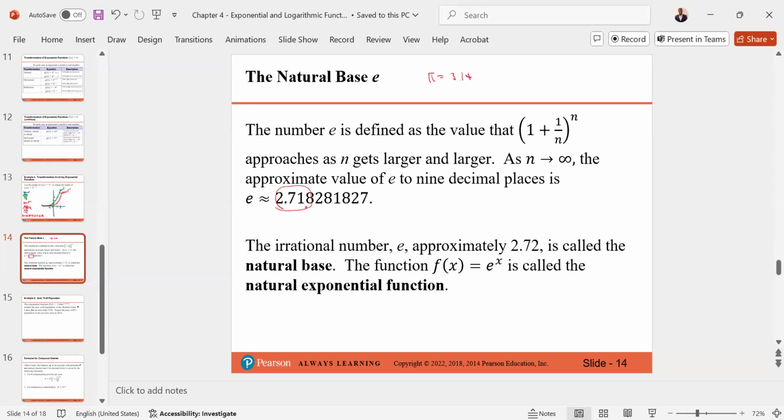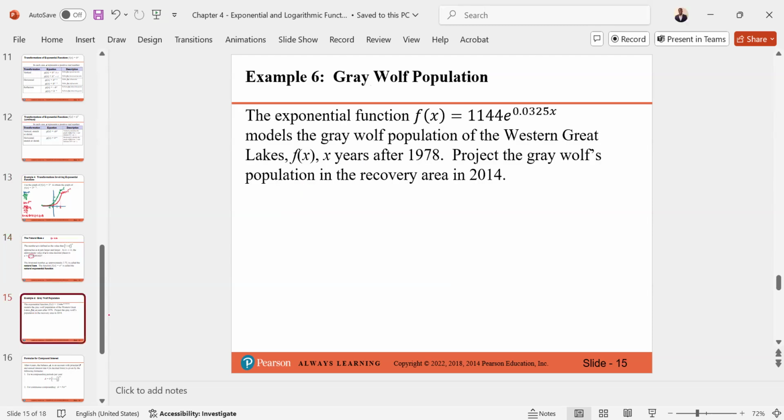The irrational number e, approximately 2.72, is called the natural base. The function f of x equal e power x is called the natural exponential function. What we see here is showing how a function increases exponentially, never stopping.